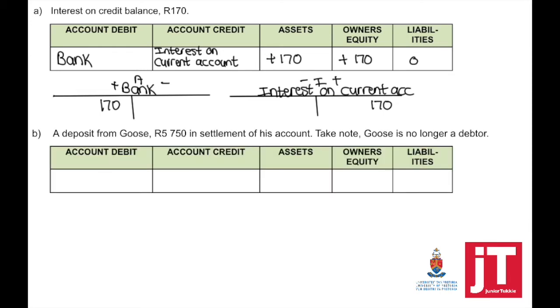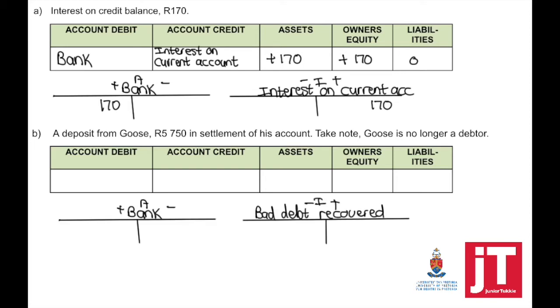Adjustment number B, a deposit from Goos, 5,750 in settlement of his account. Take note, Goos is no longer a debtor. This means that the business received money. Why did the business receive money? This is no longer a debtor. It means that we've written his account off as bad debt.